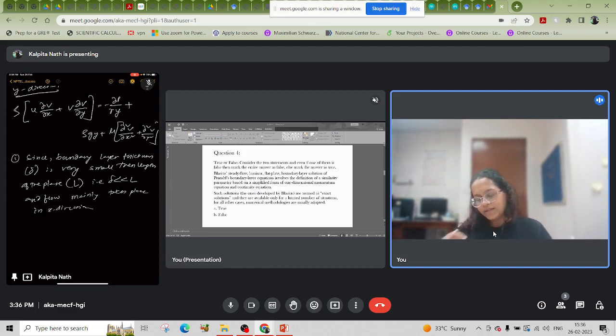Since the boundary layer thickness delta is very small as compared to L, we can take the direction of flow to be x rather than y.